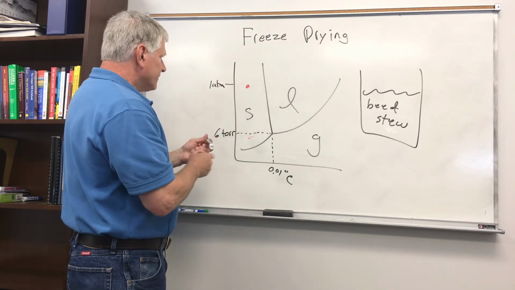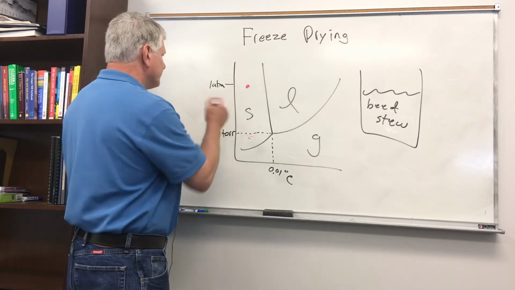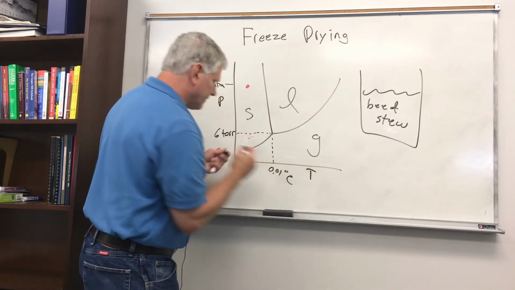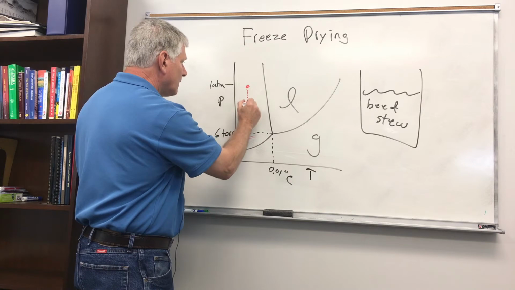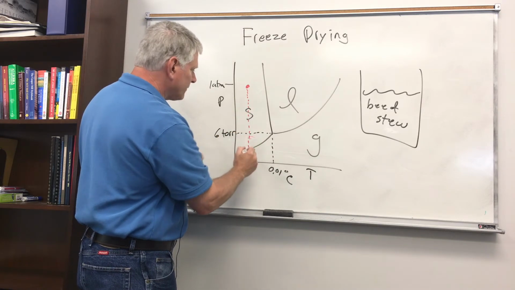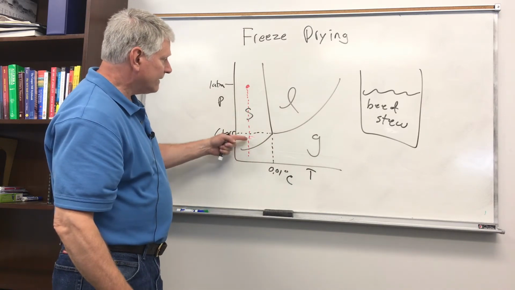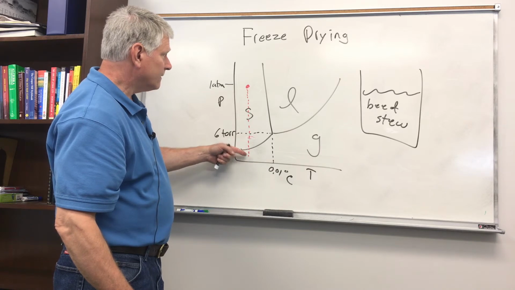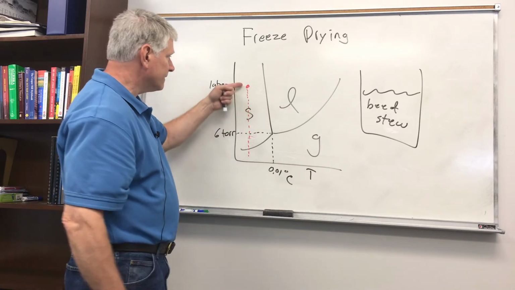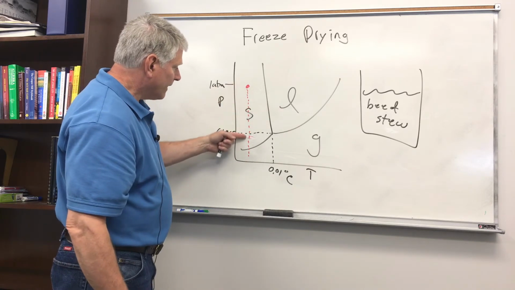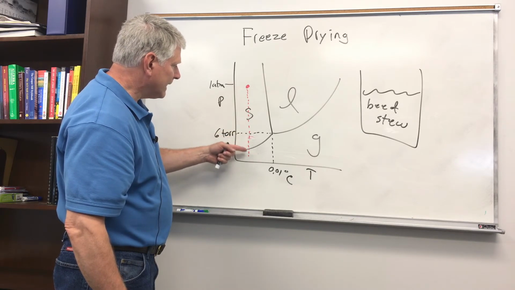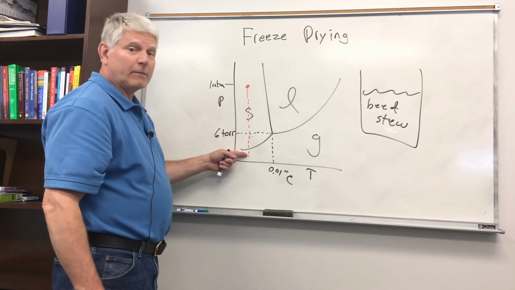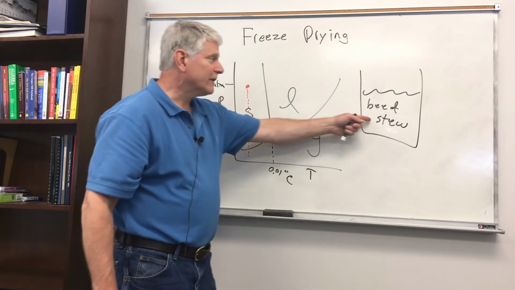So if I just reduce the pressure, this is pressure and temperature, I will cross the solid gas boundary. So this is before liquid phase exists. So I'm down here now, and so now I'll go directly from solid to gas by lowering the pressure on top of my frozen beef stew.